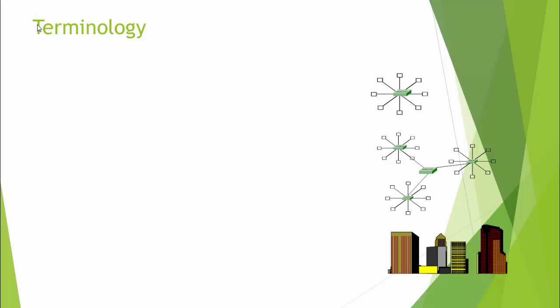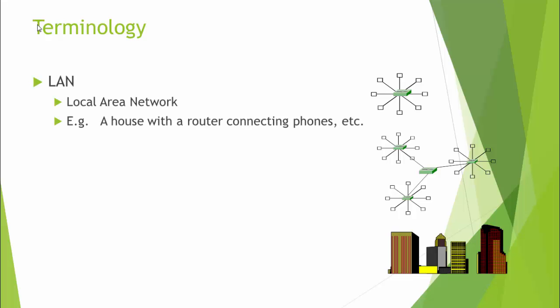Now, depending on how dispersed the user base is, this will establish what kind of network we need. So the networks we tend to experience day to day are, in fact, a local area network where some computers are connected by a device like a switch or a router. So you have a LAN probably in your home.